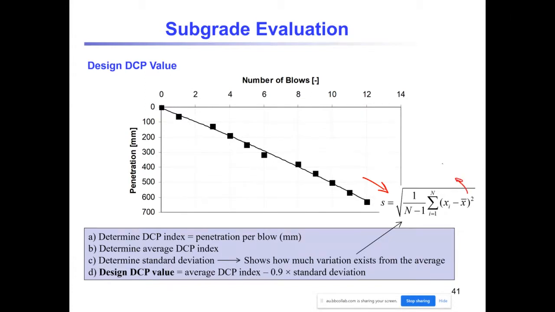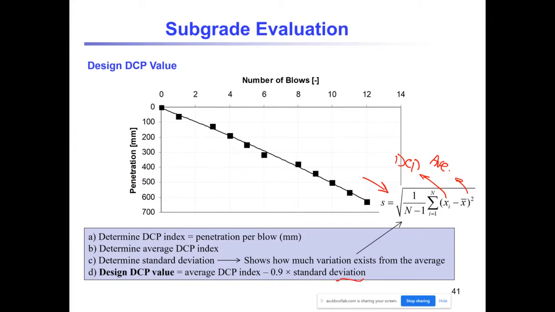So here we have the average value, and this is the DCP value for each point. And after calculation of the standard deviation, you need to consider the average DCP minus 0.9 times the standard deviation. And this becomes the final design DCP value.